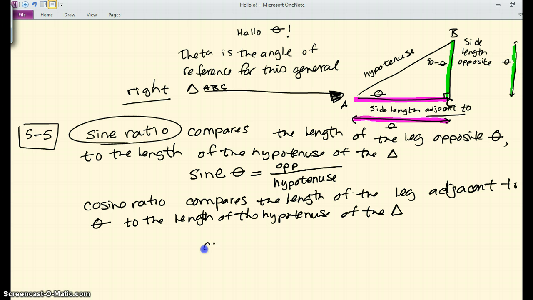And we often see cosine theta written this way, adjacent over hypotenuse.